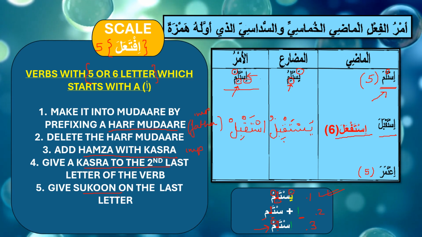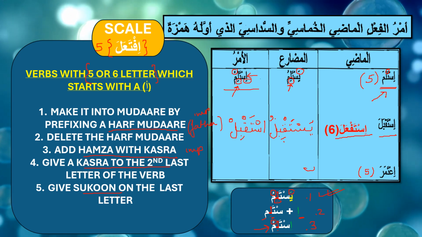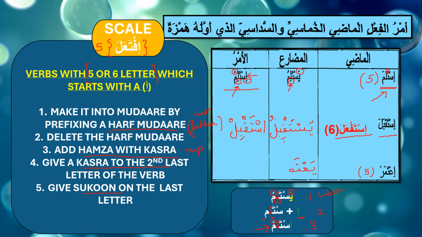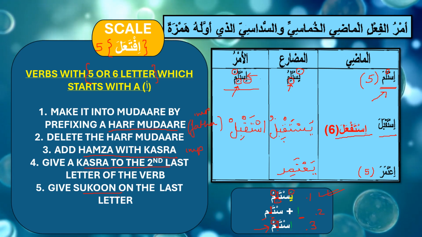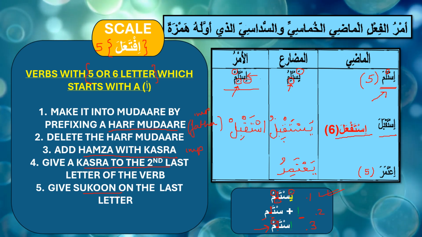Coming to i'tamara, you need to make it as ya'tamiru. So the second last letter gets a kasra and the ra gets a dhamma now because it's the present tense structure.